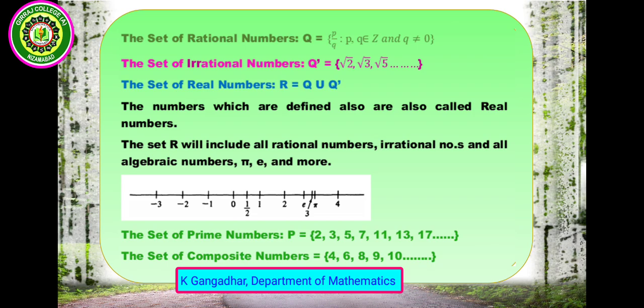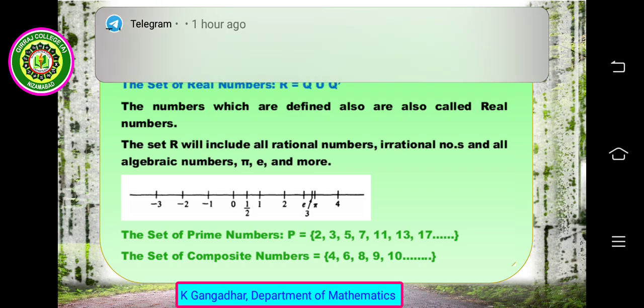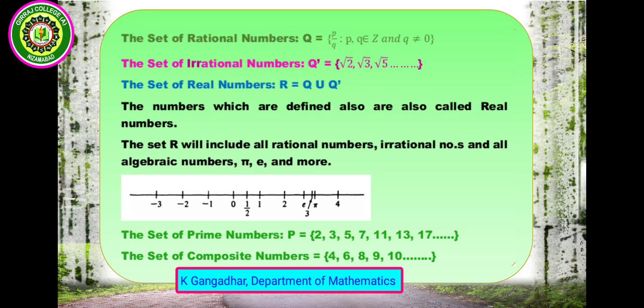Now the next number system is the rational numbers. What type of number is called a rational number? A rational number is a number of the form p by q, which means it is a fraction, where p and q belong to Z and q is not equal to 0.